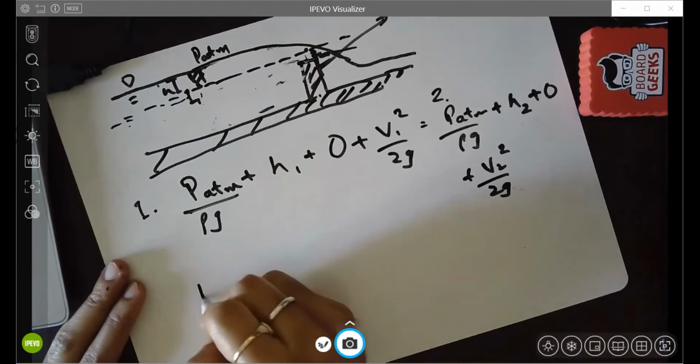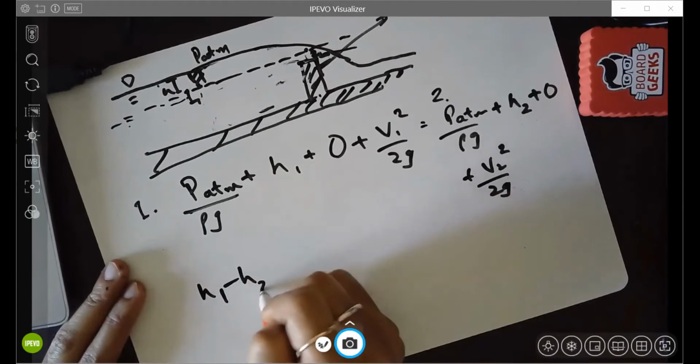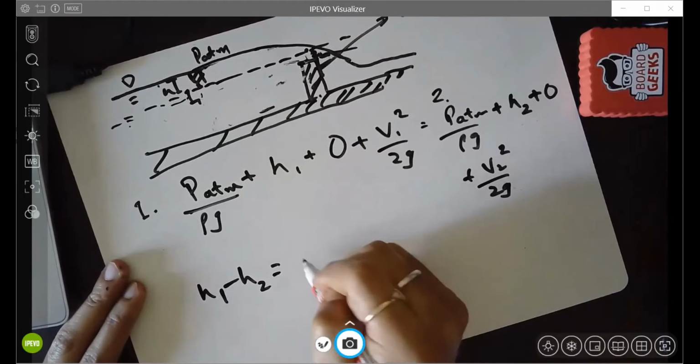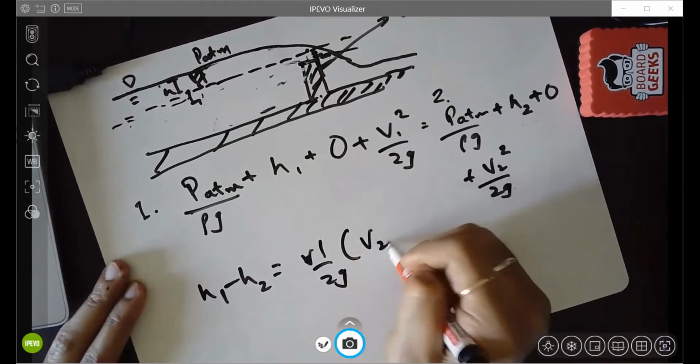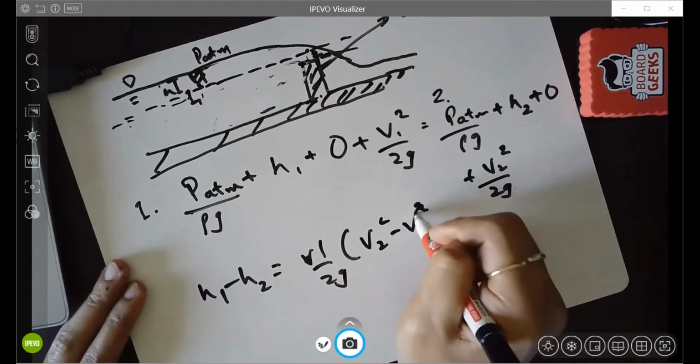So H1 minus H2 is equal to 1 by 2g times (v2 square minus v1 square).